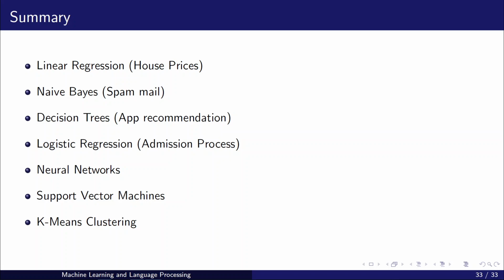We have seen linear regression using house price prediction, spam email detection using the Naive Bayes algorithm, then app recommendation using decision trees, and we have seen logistic regression using the admission process with grades and exam marks, and we have tried to improve the same with the help of neural networks. Then we have seen how support vector machines work, and then a k-means clustering example as well.